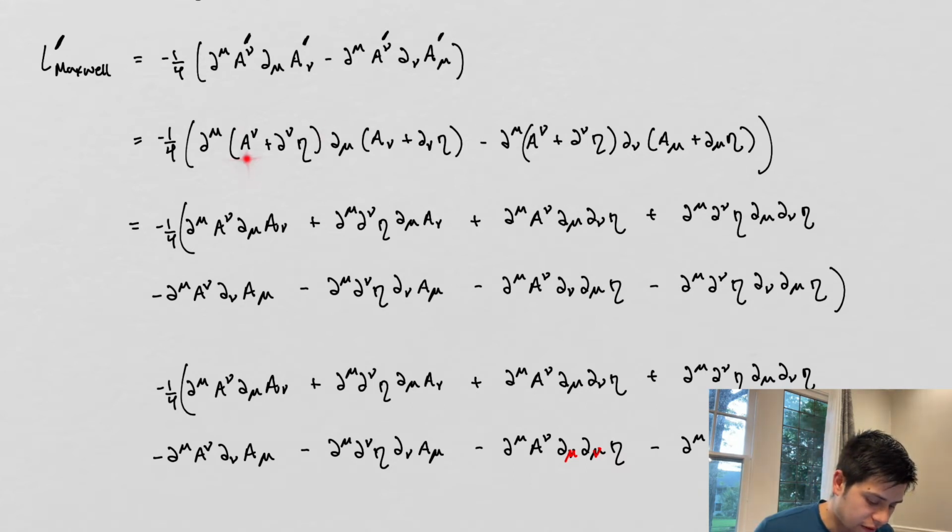So we're doing that right here, here, here, and here, and we're keeping those indices. So we have the mu at the bottom here, the nu at the top, nu at the bottom, and mu at the top here. Okay.